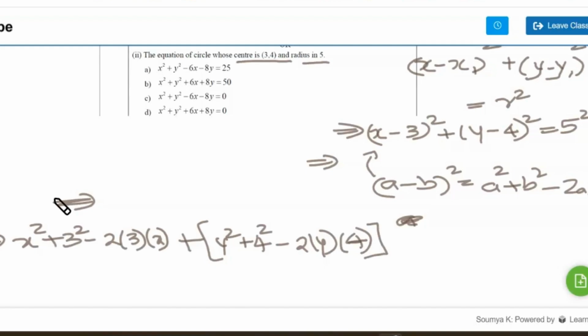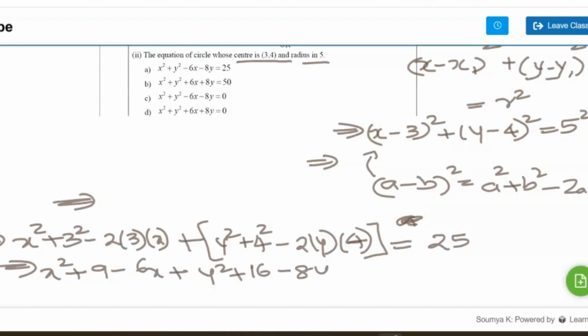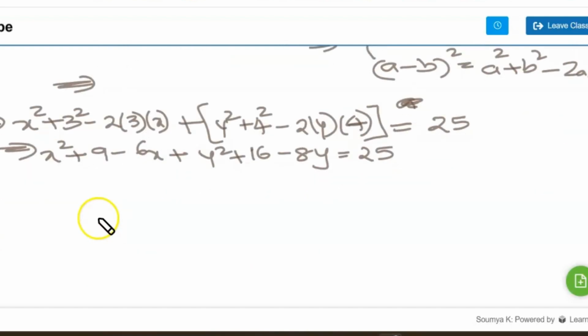Okay, the first two terms are elaborated, and then on the right hand side it is 25. Execute it. x square plus 9 minus 6x plus y square plus 16 minus 8y, okay, you will arrive at this answer.